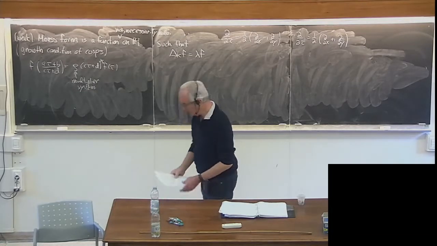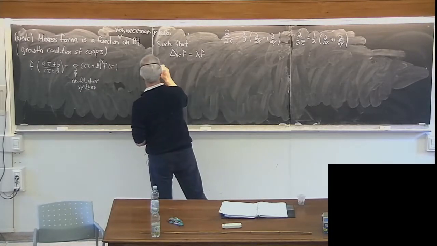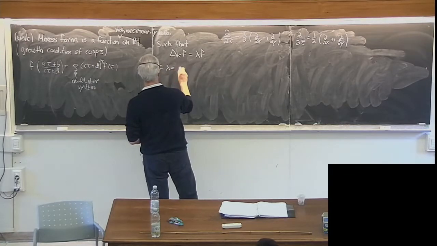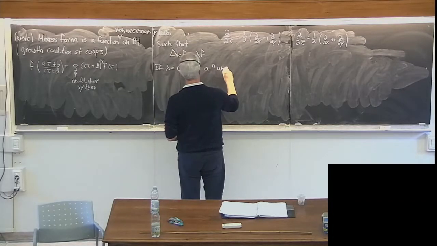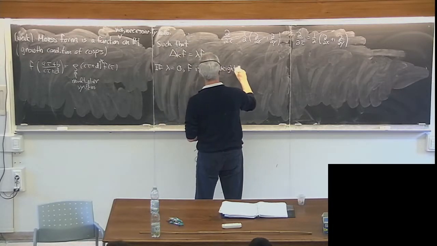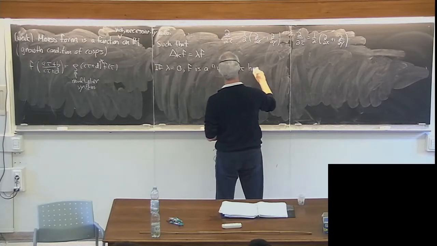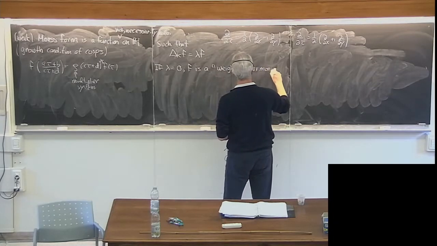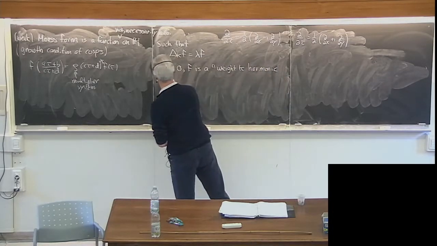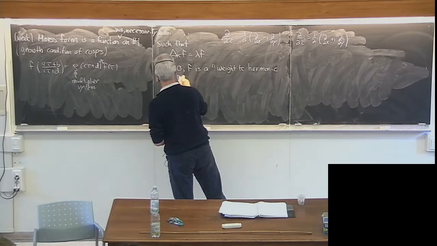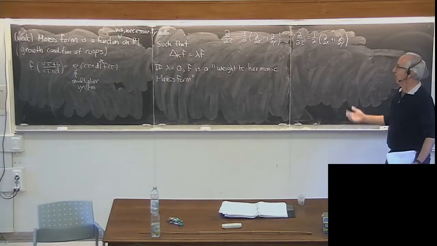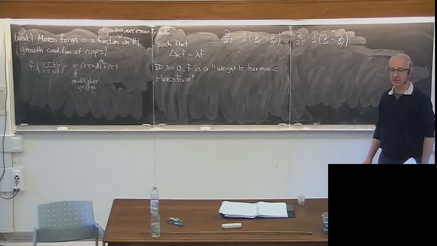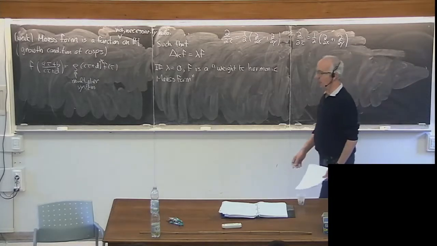Okay, so in this setup, if lambda is equal to 0, then f is a weight k harmonic mass form. So harmonic just means that it's an eigenfunction of this weight k Laplacian with 0 eigenvalue.